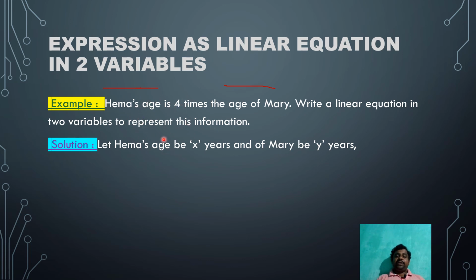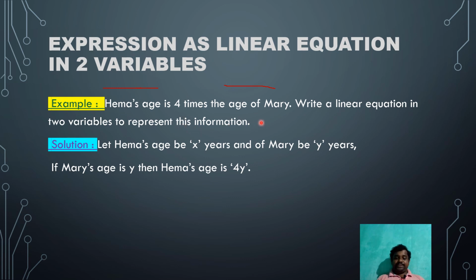If Mary's age is Y, then Hama's age is 4Y, because it is 4 times Mary's age.